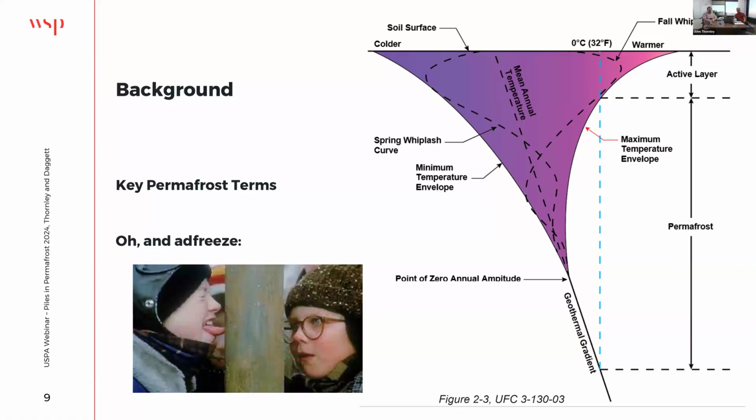So we've already had a couple presentations through the USPA and others related to permafrost, some permafrost terms and so on. And so I just wanted to do a quick revisit of some terms related to permafrost that we'll be hitting on fairly regularly throughout today's discussion.